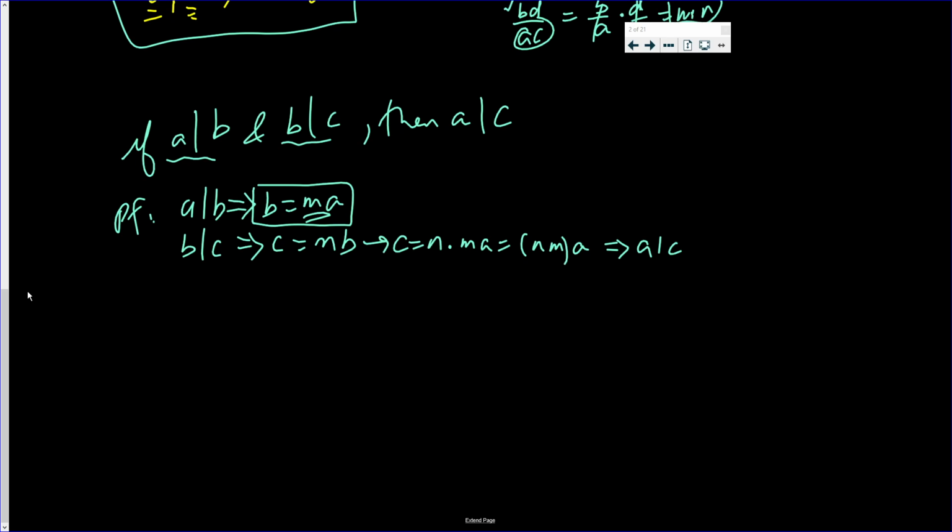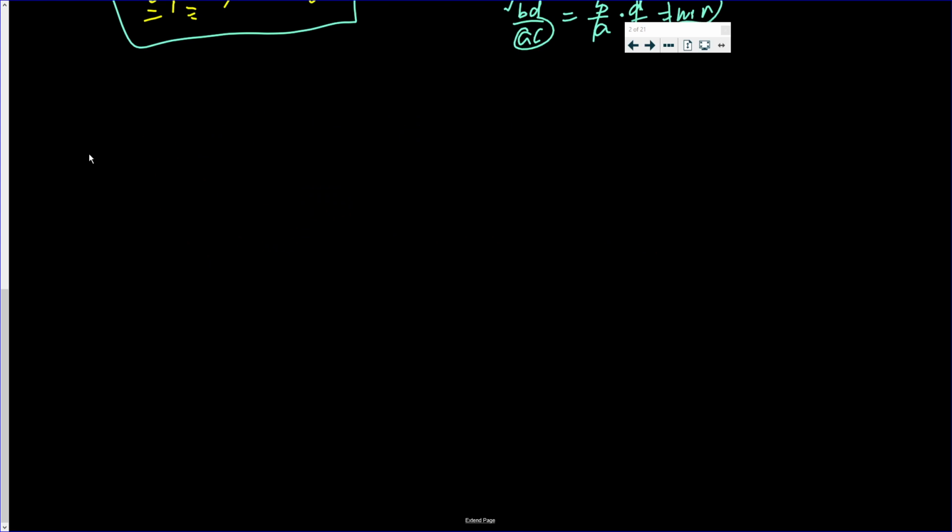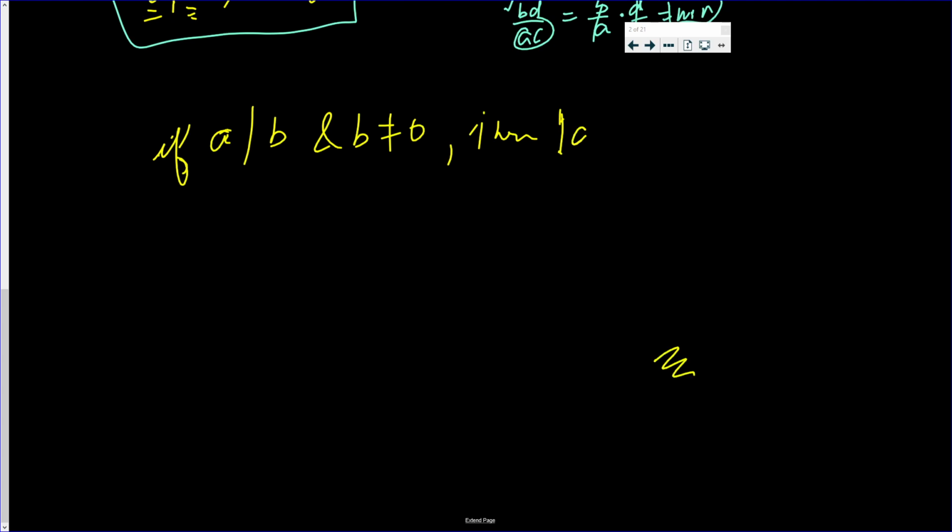Now, the next one's a little bit interesting. I like that one. It goes on to say, if a divides b and b is different from 0, then the absolute value of a is less than or equal to the absolute value of b.